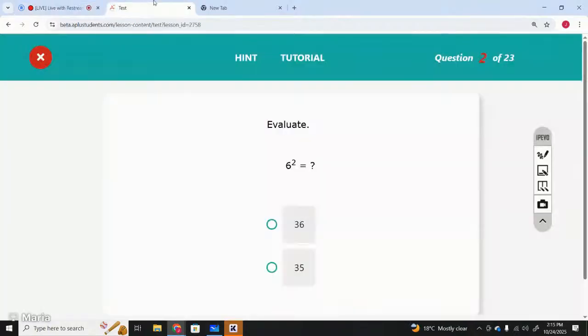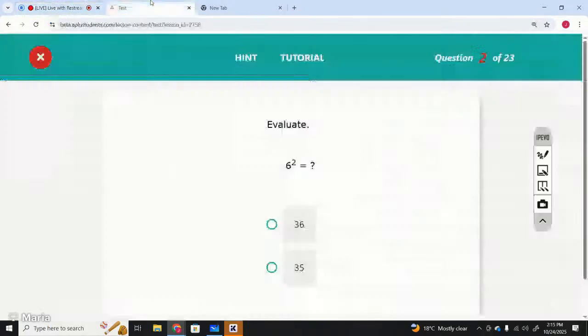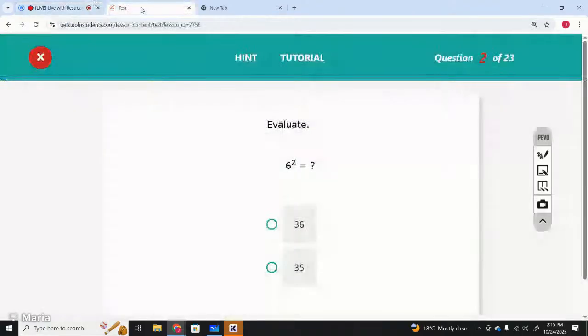Next one is 6 square. So you have to do 6 times 6. You need to see how many times the exponent says to multiply.